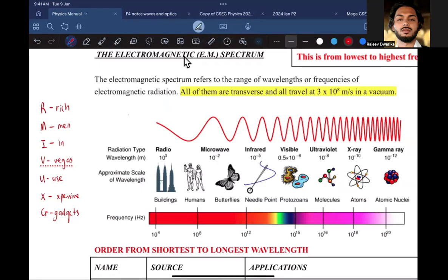So when we're dealing with the electromagnetic spectrum, the different radiation types are radio, microwave, infrared, visible, ultraviolet, X-ray, and gamma.